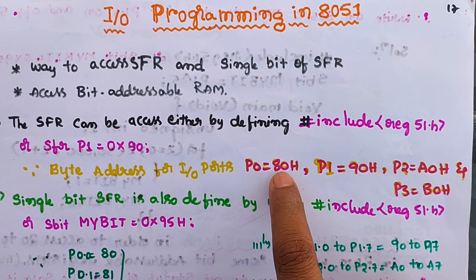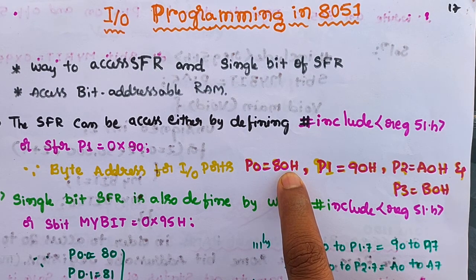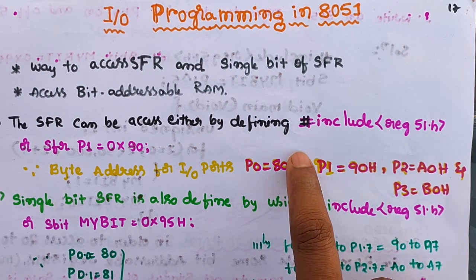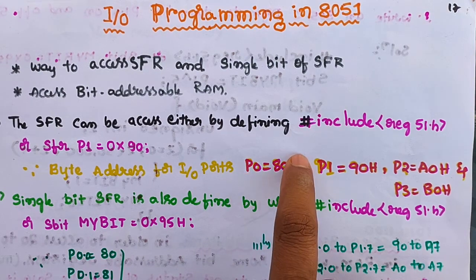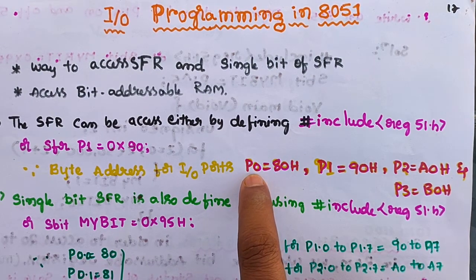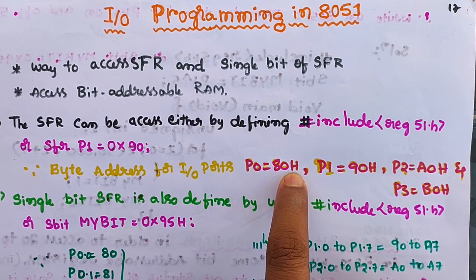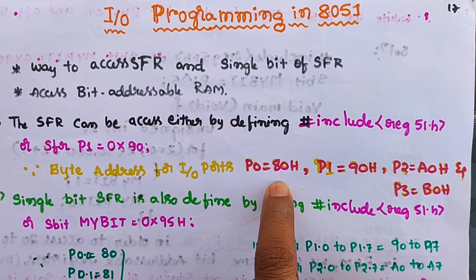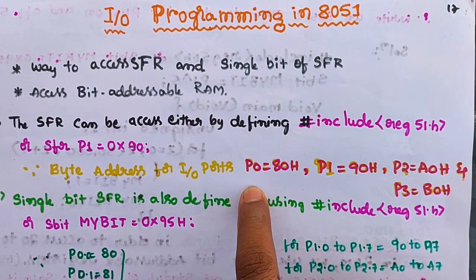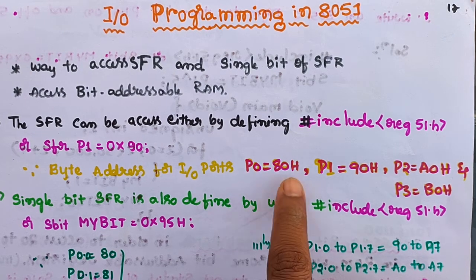For port 0, 80H is the memory location address, and you can address 8 memory locations. It will start from 80 to 87. You can address P0.0 to P0.7.